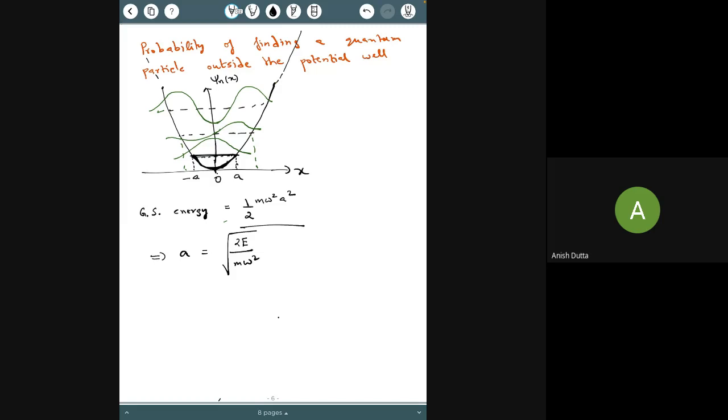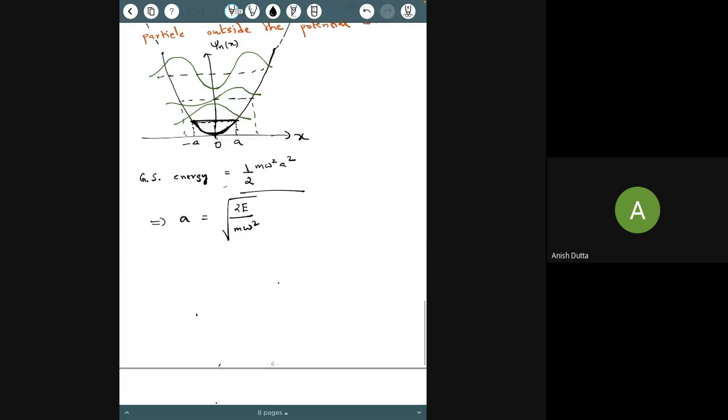So if I say that my x lies between minus A and plus A, this is equivalent to saying minus root of 2E by m omega squared is less than or equal to x is less than or equal to root of 2E by m omega squared.